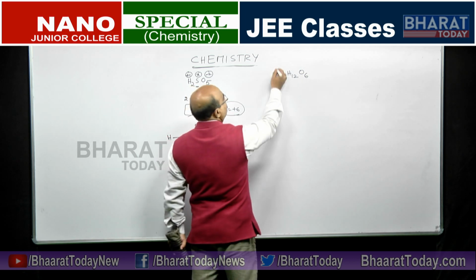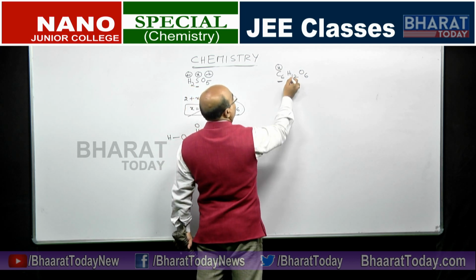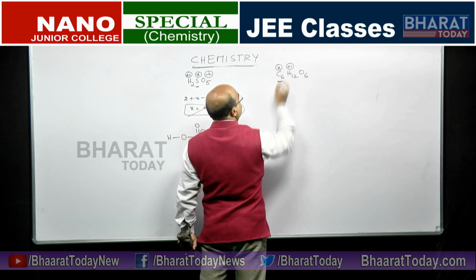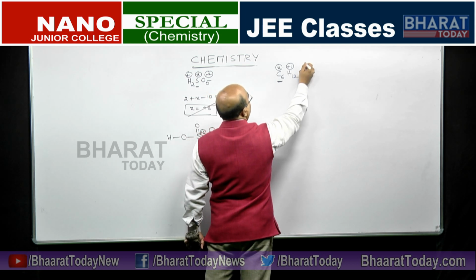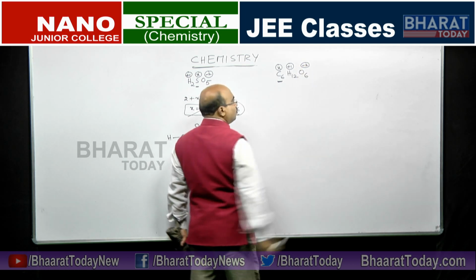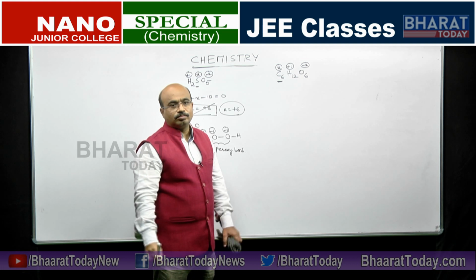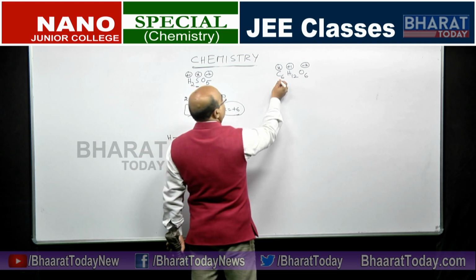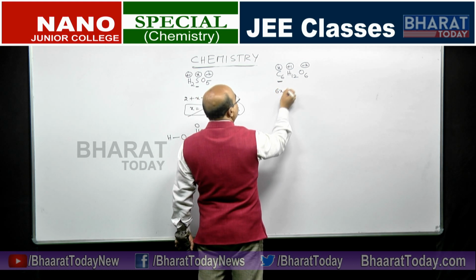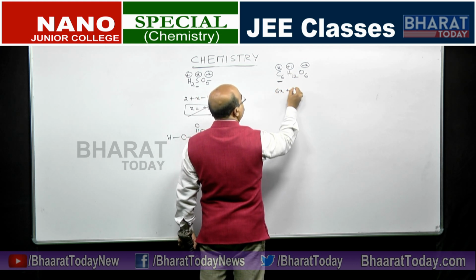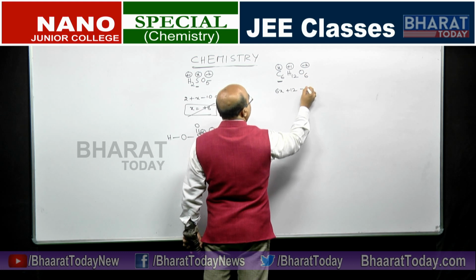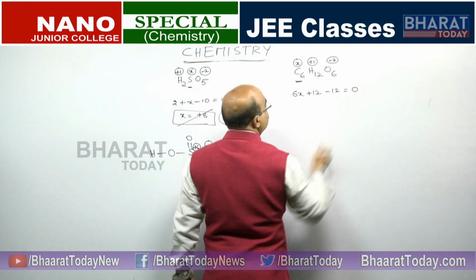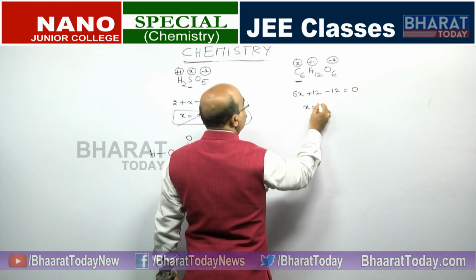Assuming it is x, hydrogen is +1, oxygen is -2. So, when we determine this, 6x plus 12 minus 12 is equal to 0. So, we get x is equal to 0.